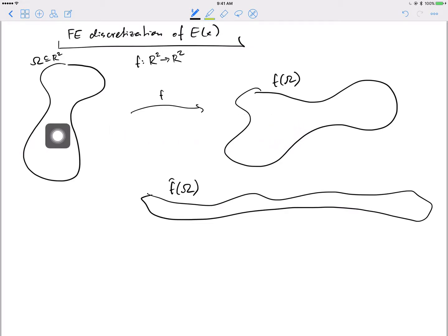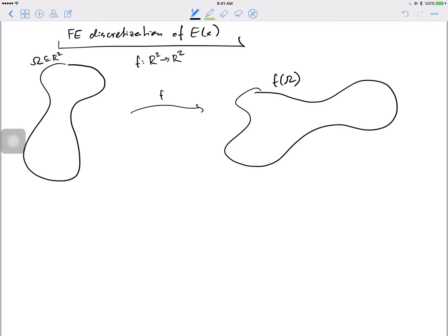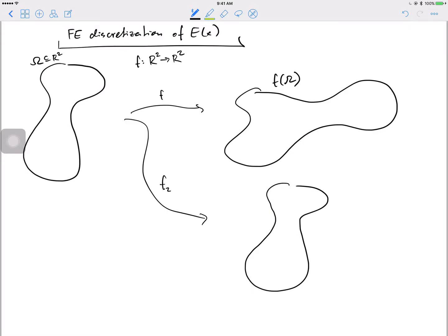For example, if I just translate this thing, and I have some f2 of omega, and this didn't deform, it just got translated, then the potential energy should be close to zero, because there is not much deformation going on.